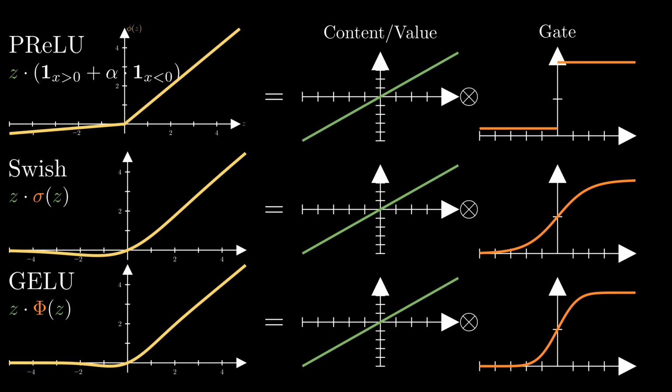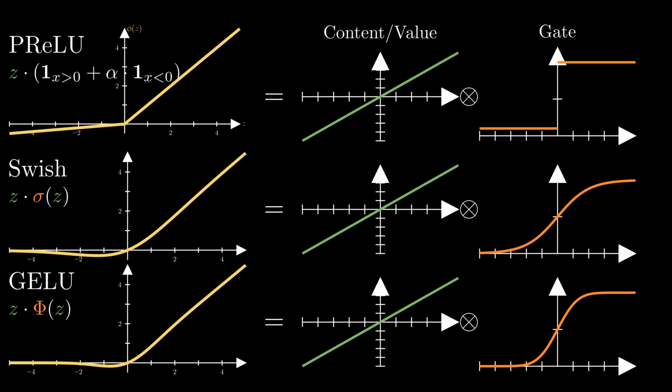Compared to Swish, GELU offers several theoretical advantages rooted in stochastic regularization. Most notably, it can be interpreted as the expected output of a neuron, subject to random dropout. It has been widely adopted in transformer models such as BERT and the GPT series.